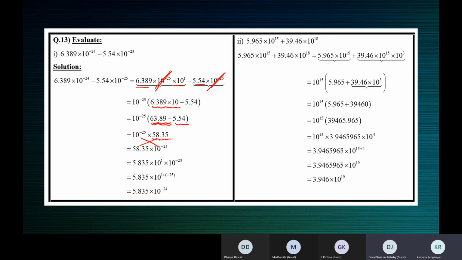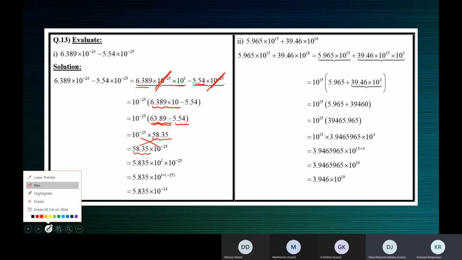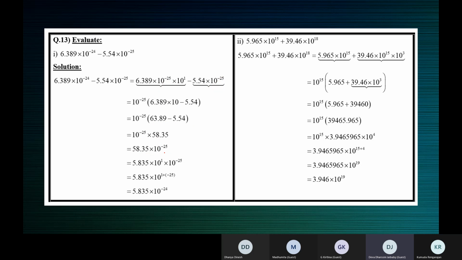Now, how do you write 58.35 in the scientific form? You can see 10 to the power minus 25 here as it is. This is the scientific form of this one. 58.35 is written as 5.835 into 10 to the power 1, scientific form.